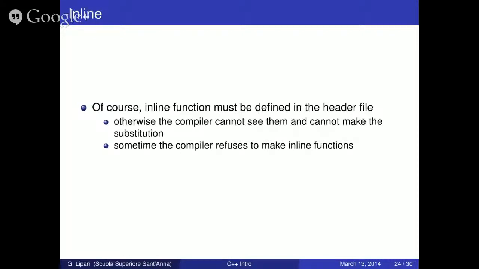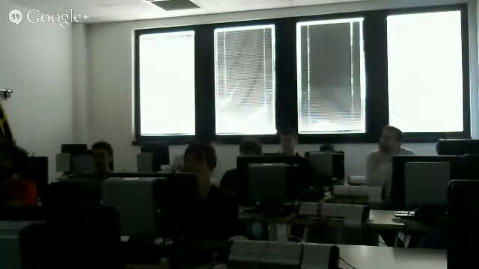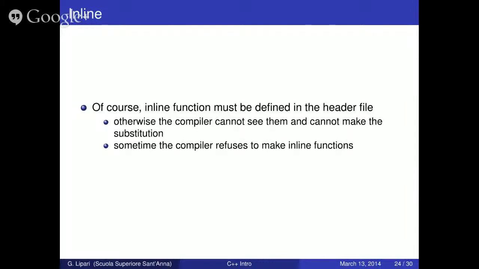Now the compiler looks only at one CPP file at a time. So if the implementation is in the header file which is being included, then it can make this sort of inlining. If the implementation is in another CPP file which is not being included, the compiler knows nothing about that, then of course this expansion cannot be done. And for sure the linker is not going to expand anything.